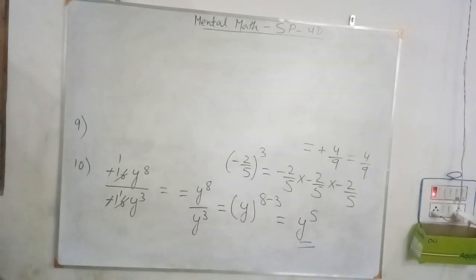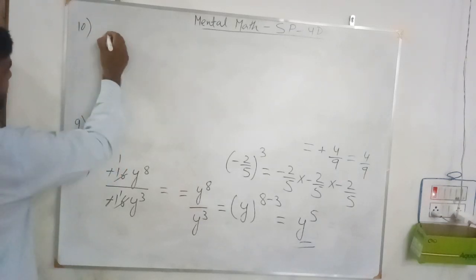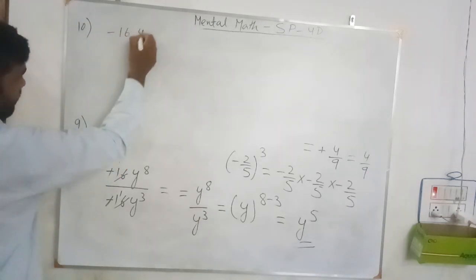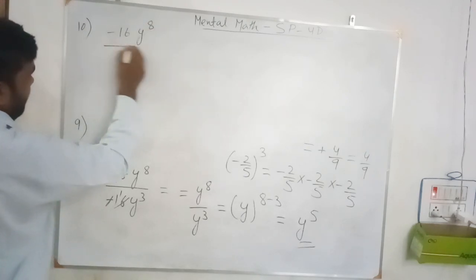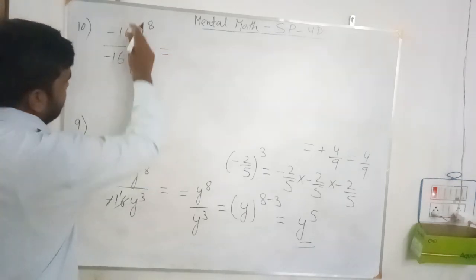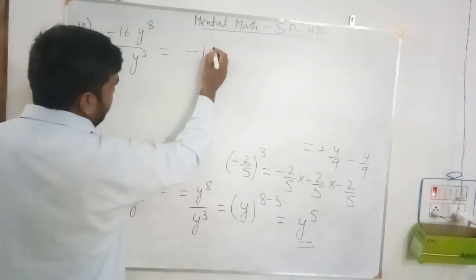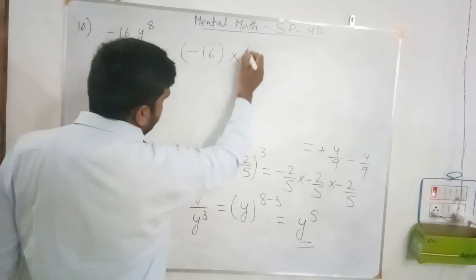In another way you can do this question 10. You can write minus 16 y to the power 8 upon minus 16 y to the power 3. So you can take this base common, minus 16, and you can also take the base common y.